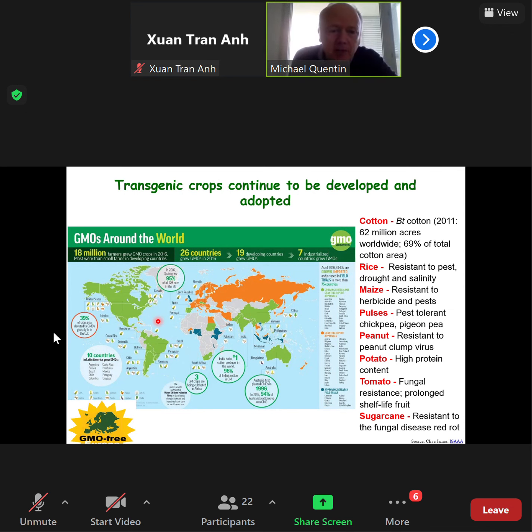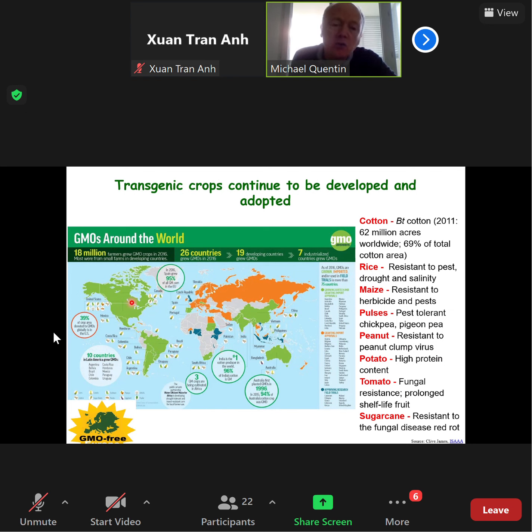In green, it's all the countries where GMO plants are grown in the field. And so there is, I would say, not much restriction to the use of GMO in those countries.